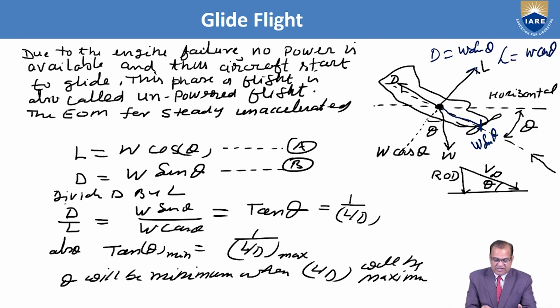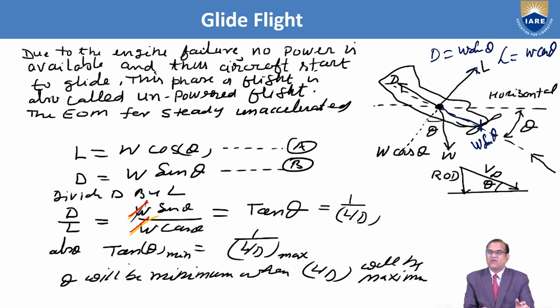If we divide B by A, D by L is equal to W sin theta by W cos theta, and this W and this W cancel. So sin theta by cos theta is tan theta, or we can write tan theta is equal to 1 by the lift to drag ratio.